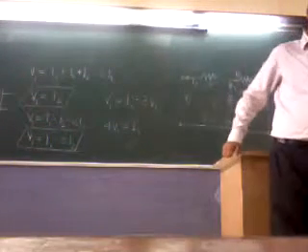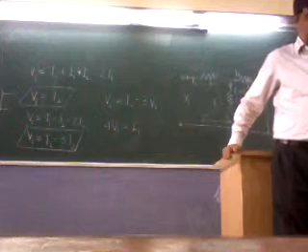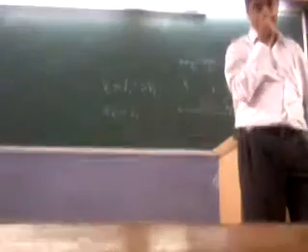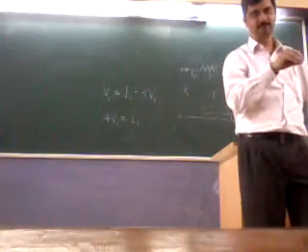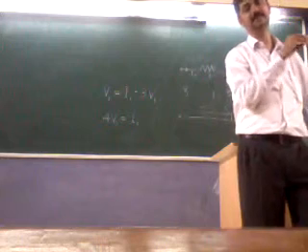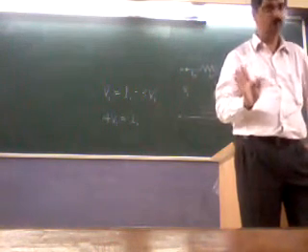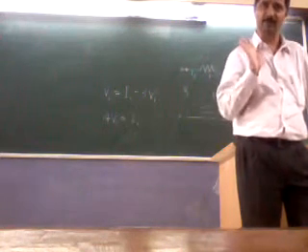Only if we connect the load, then the two other parameters, V2 upon V1, that is G21, we will be getting, no problem. We will be getting Z21, no problem.